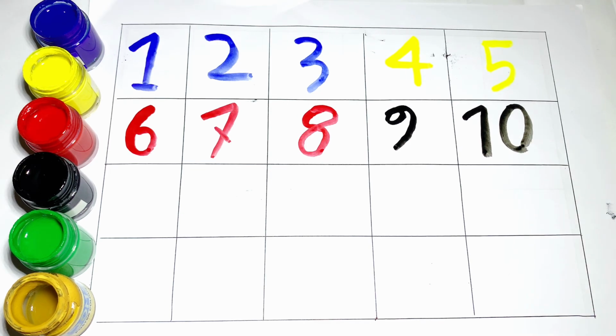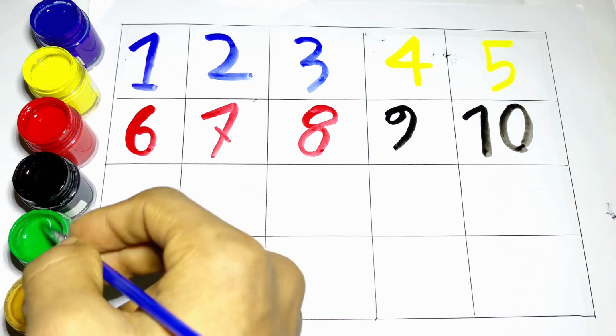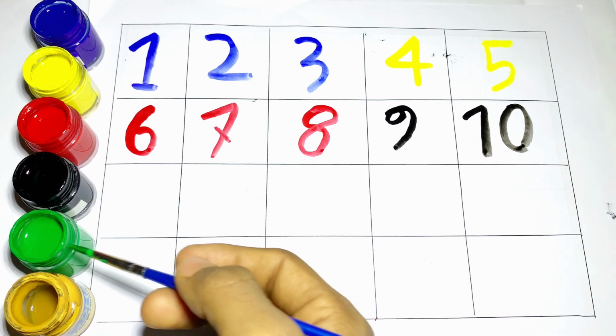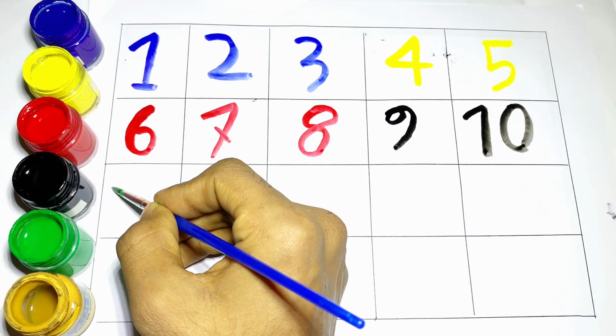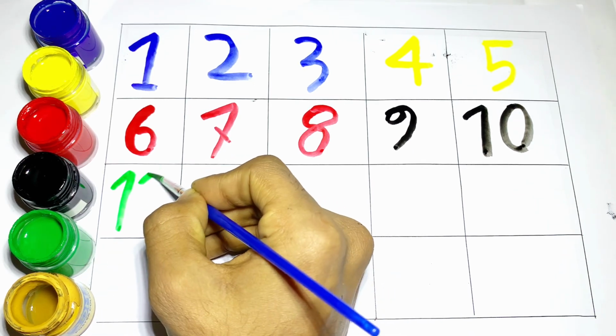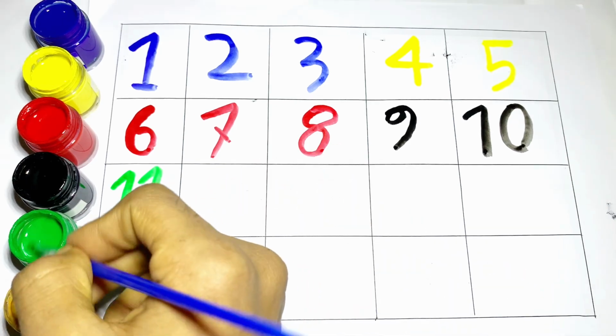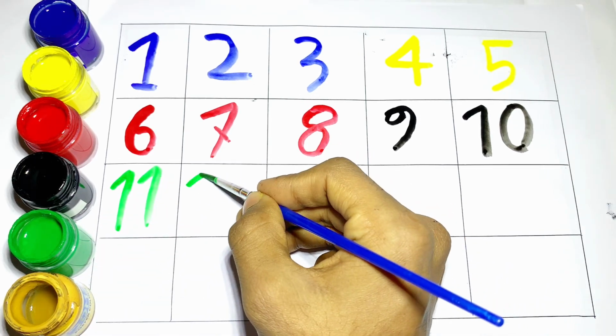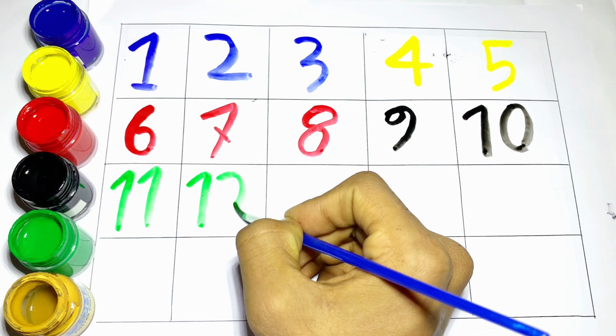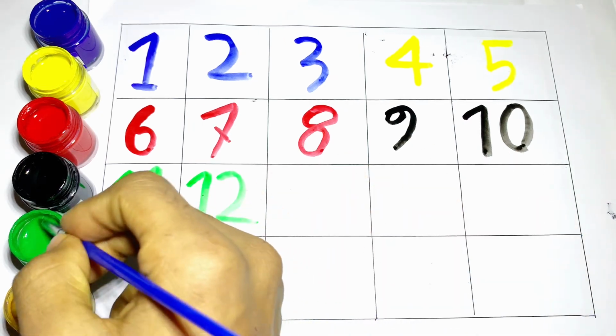Kids, now draw 11. The number 11, and use green color. Kids, again use green color and draw 12. Kids, now draw 13.